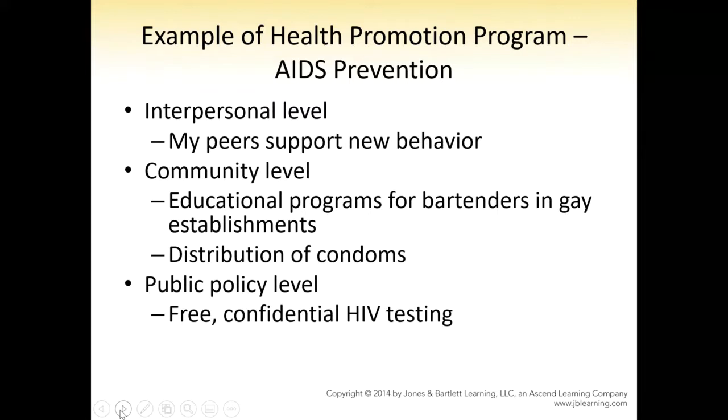At the interpersonal level, the goal was that their peers support this new behavior. So there was a campaign showing men who have sex with men talking about using condoms and why it's important to them.